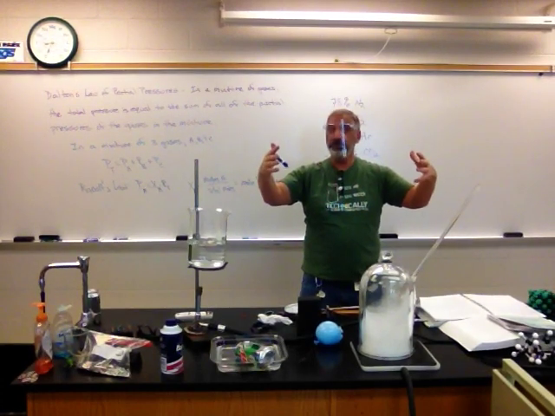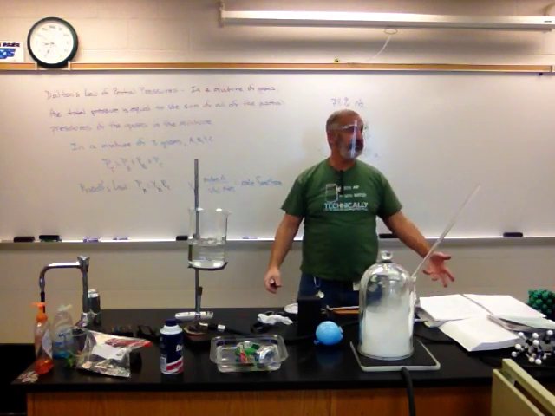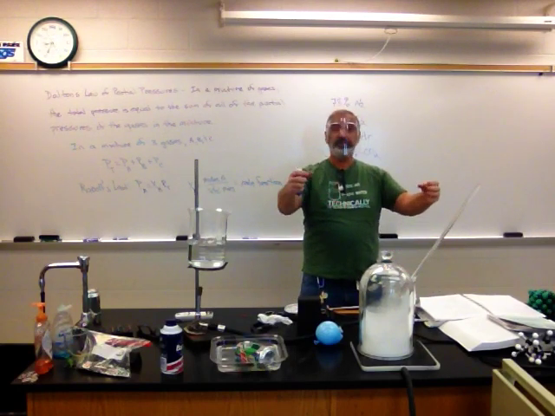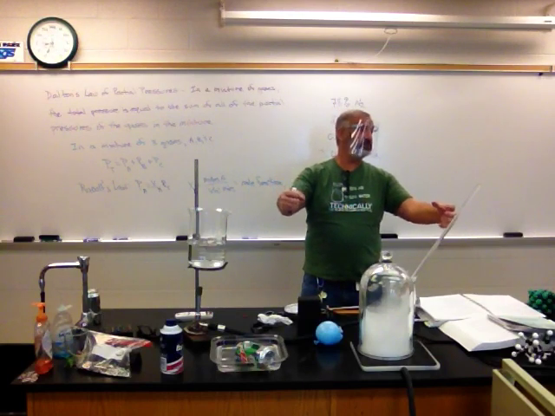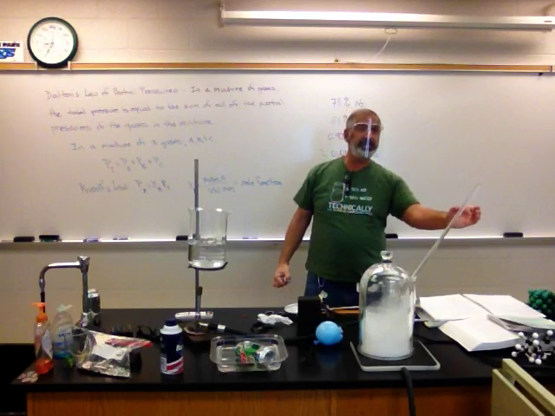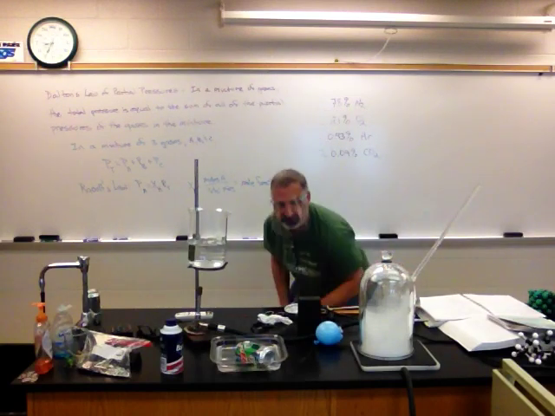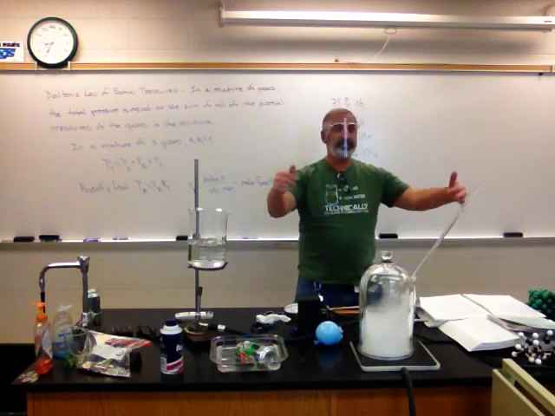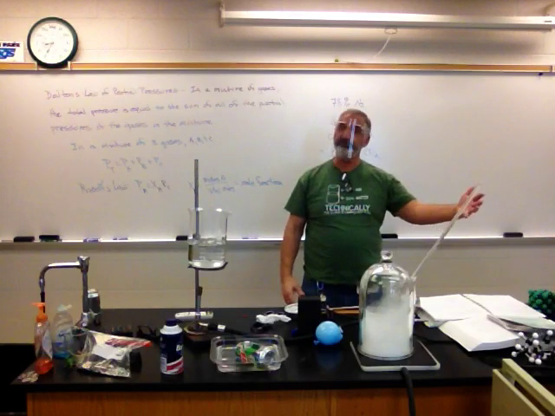So which ones are going to be moving faster, the light ones or the big ones? The light ones. So if you have 2 bottles of perfume or 2 bottles of different substances, one is a very big, heavy gas, the other one's a real light, small gas, which one's going to spread out faster? The light one. If you have a big mass, you ain't going fast.